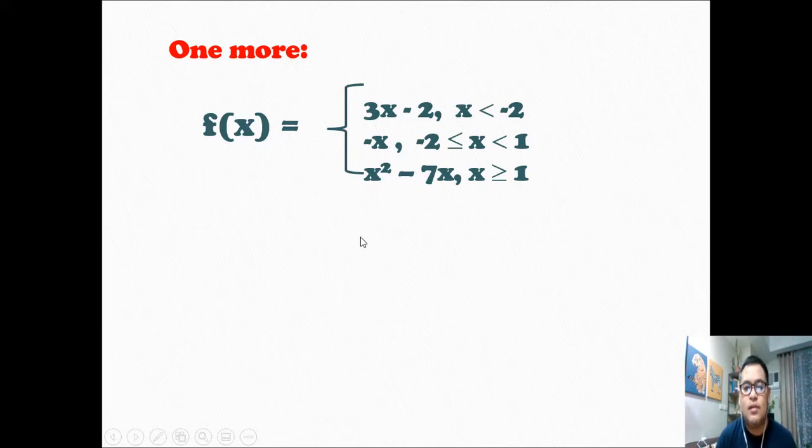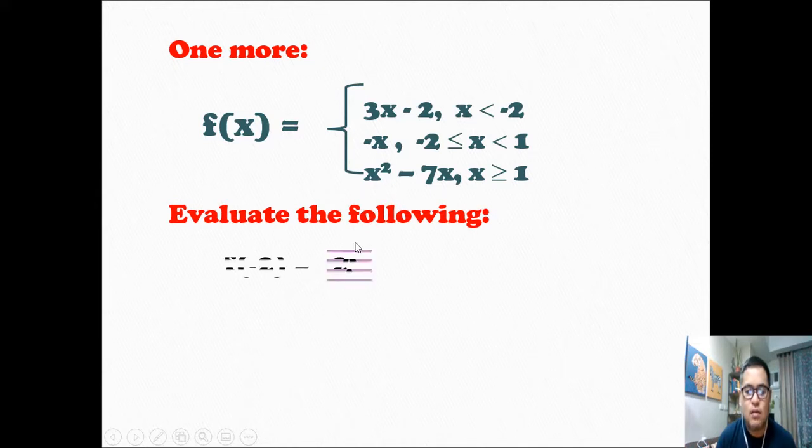Okay, let's evaluate this function. Given f(negative 2), is negative 2 less than negative 2, or is negative 2 greater than or equal to negative 2 but less than 1, or is negative 2 greater than or equal to 1? Which particular function?